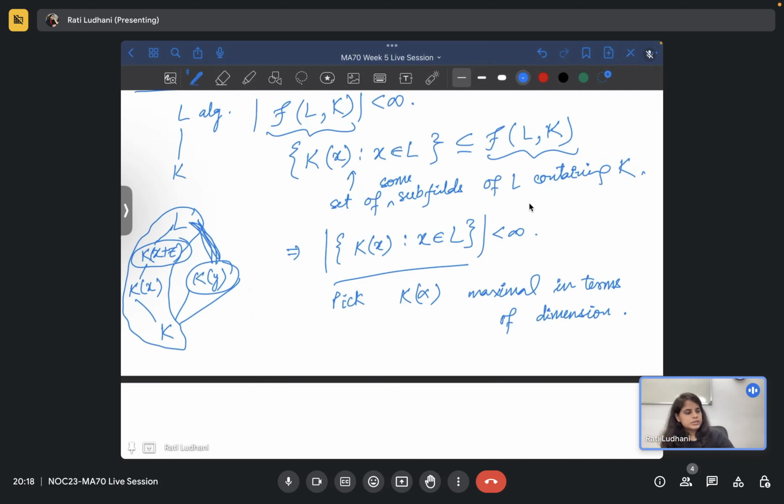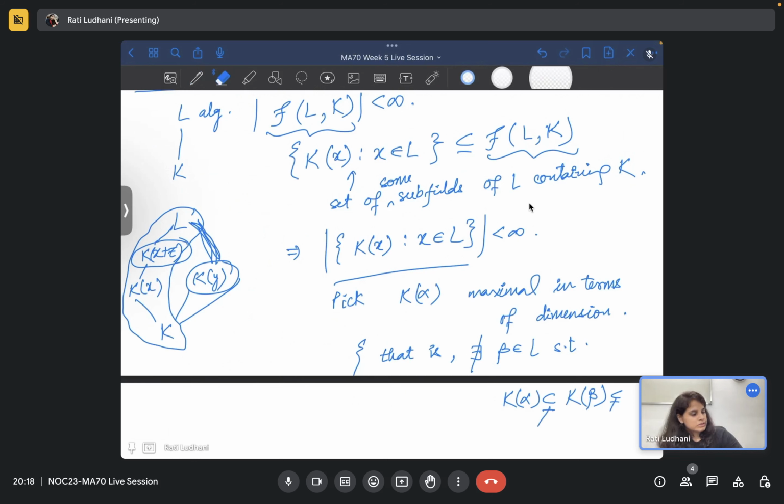Okay, maximal means that is, there does not exist any K(beta), there does not exist beta in L such that K(alpha) is contained in K(beta), and this is not equal. Yeah, it might be equal to L, we don't care.